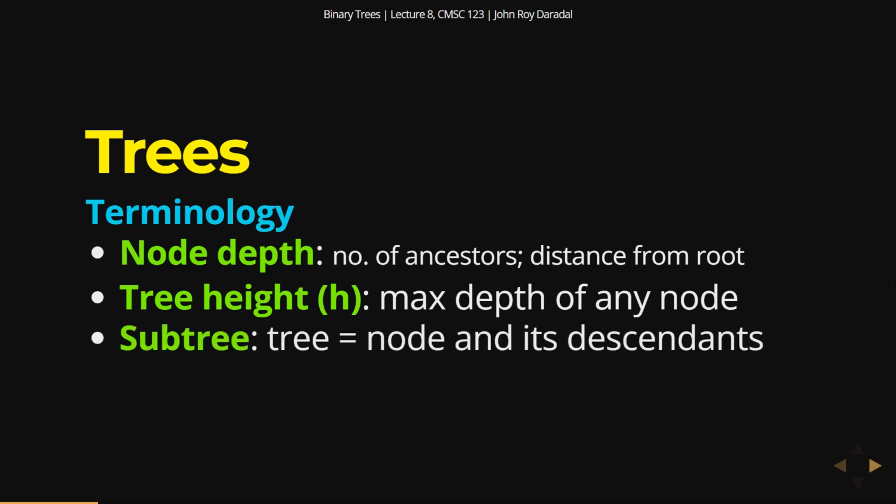And then finally, we have something called the subtree. A subtree refers to a tree that is rooted at some node, and it refers to the node and its descendants. What do you mean by that?